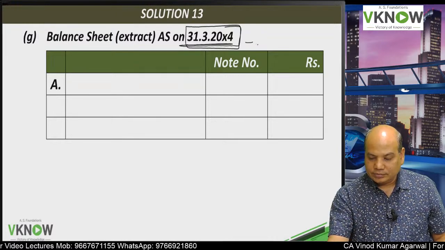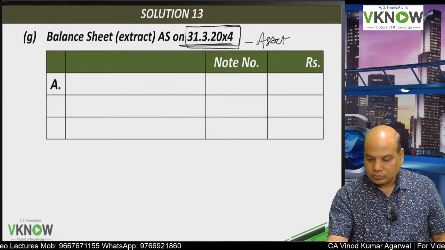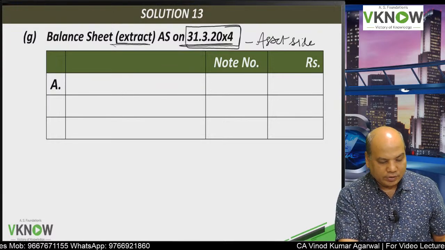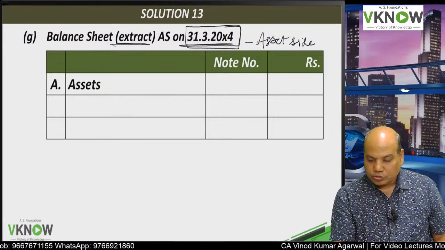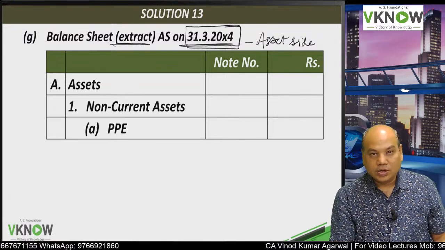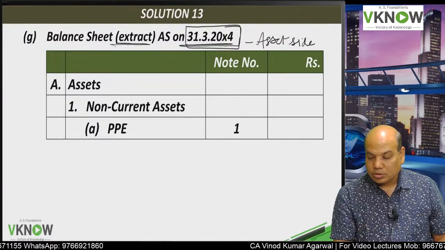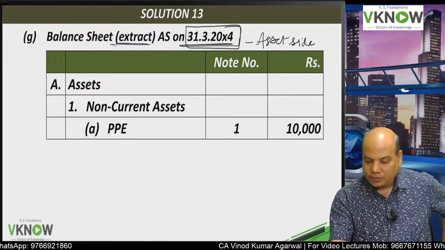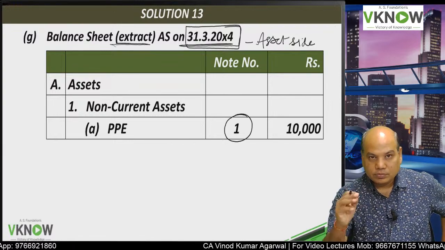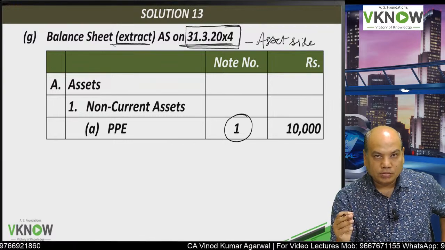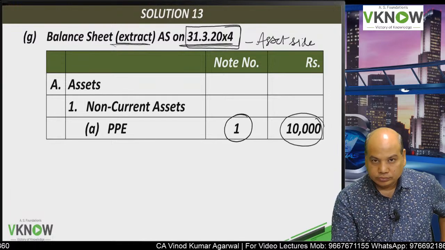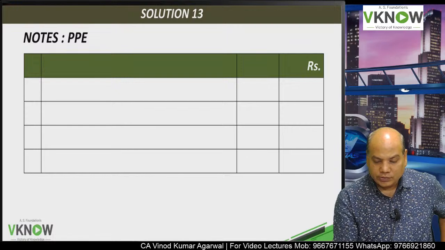Asset side. Right here asset side, an extract I have written in your book. So asset side we have non-current asset PPE, note number 1, 10,000. Preferably we should give the detailed presentation in the notes. How this 10,000 has come?